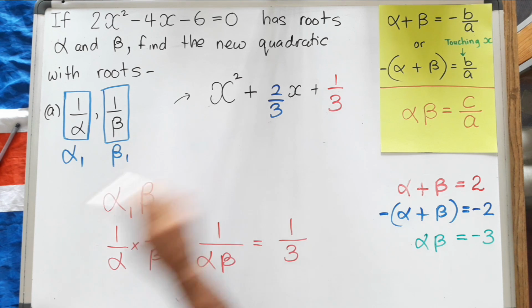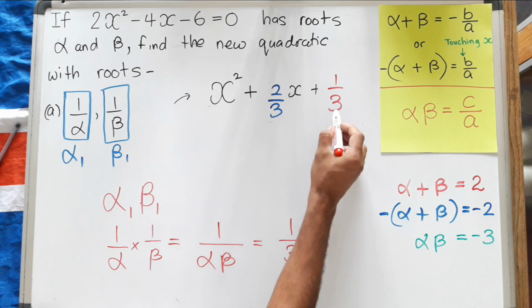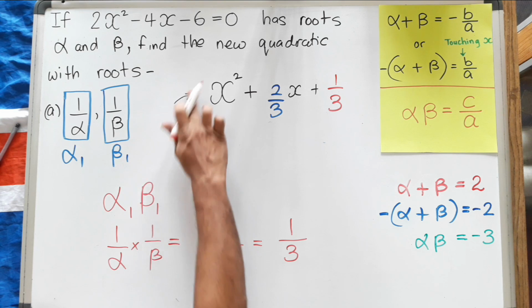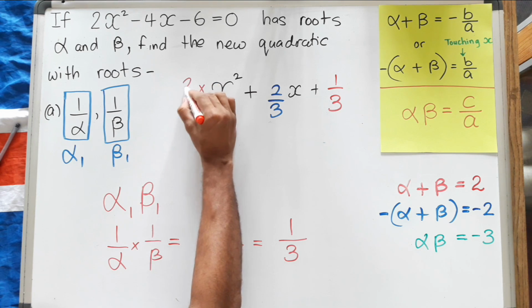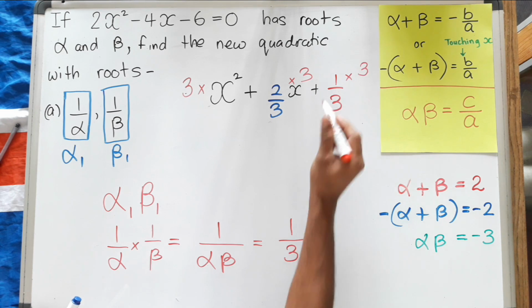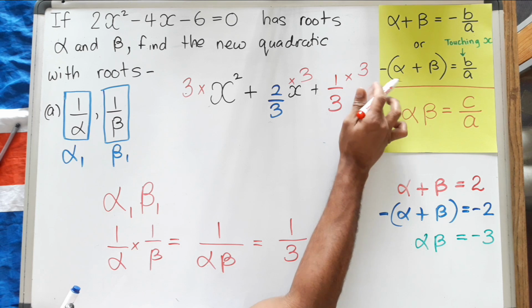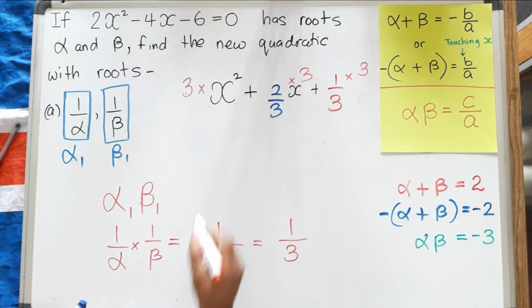Anytime you have a denominator in these types of questions, multiply everyone by the LCM. So the LCM of 3 and 3 is 3. So we are going to visit everyone and multiply everyone by 3. Of course, this is equal to 0, but if you multiply anything by 0, you will get 0, because we have to multiply the other side too.